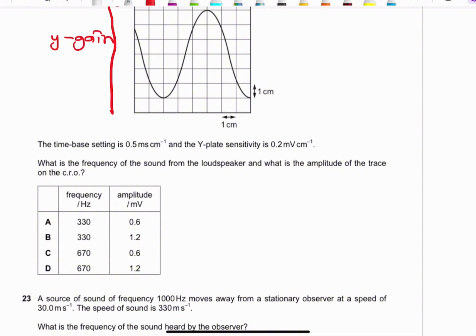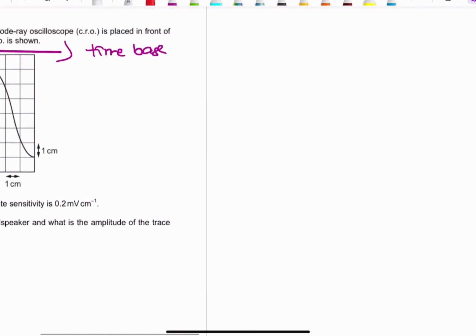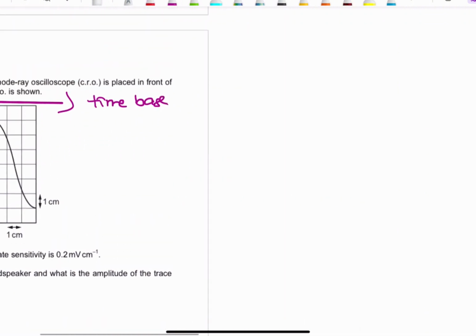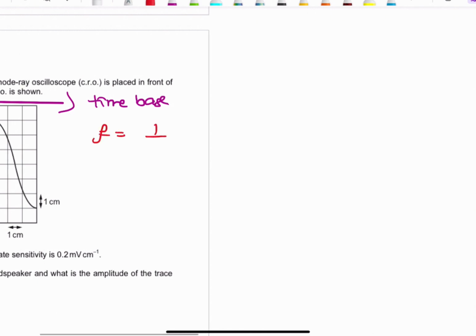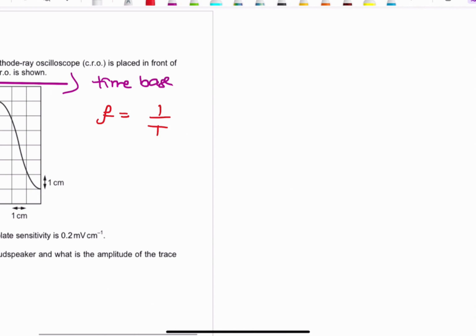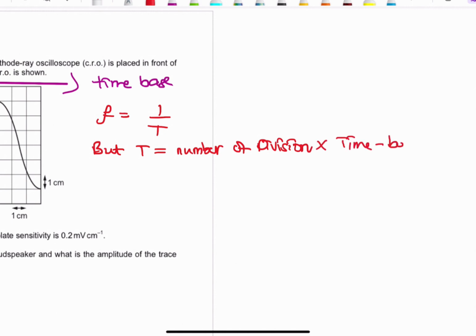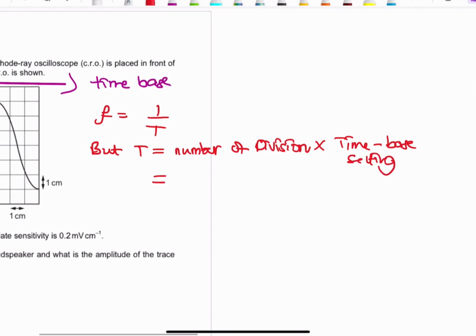Find the amplitude and find the frequency. Frequency is basically 1 over the period T. But our period T is the number of divisions for one cycle multiplied by the time base setting. So how many divisions do you have?